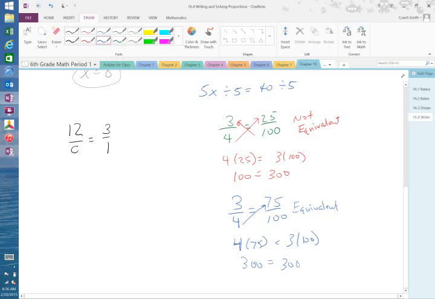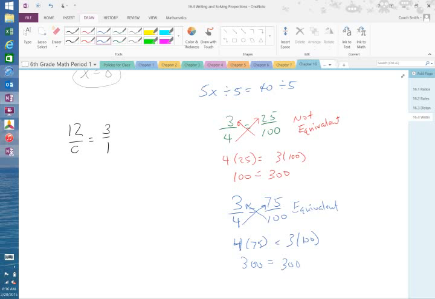That tells you whether or not it's equivalent. If it's equivalent, then it's a true proportion. If they come up with the same numbers when you cross multiply, then it is a true proportion. If you come up with different numbers, then it's not a true proportion. That's why we can solve it by cross multiplication when we have a missing term.